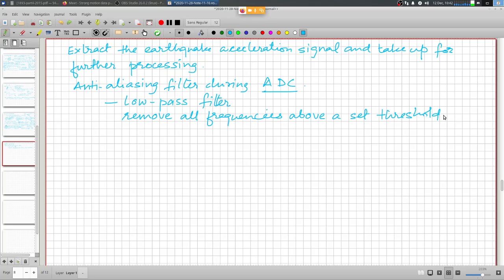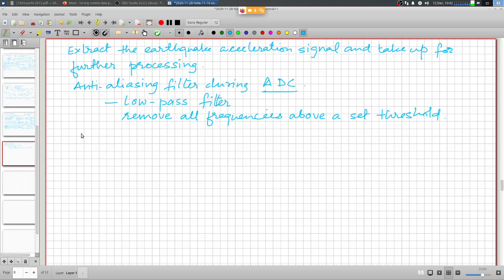Based on that, we take about 2/3 of the Nyquist rate as the usable frequency range upper limit, and that is set as the limit above which all frequencies have to be removed first. So this is how it works.